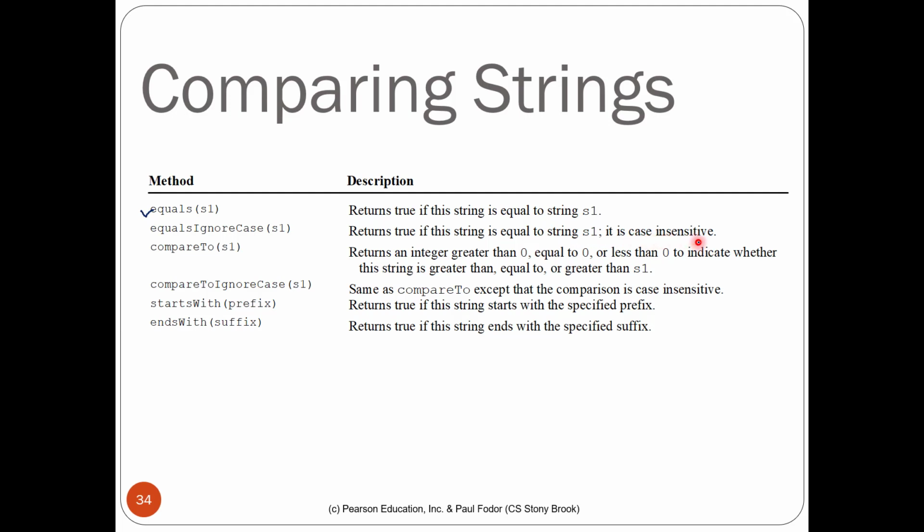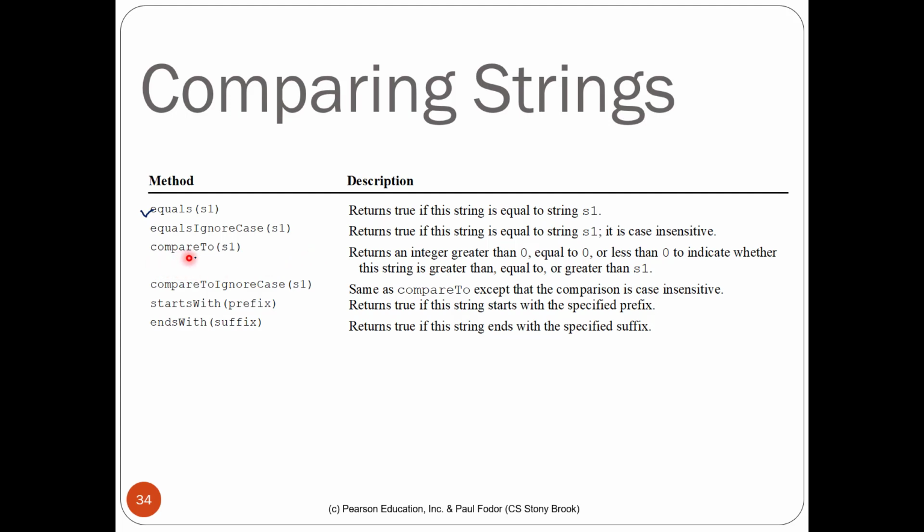This is case insensitive. compareTo is an interesting method which you will have to use if you want to compare two strings and see whether one string is coming before the other string or later. When you consider sorting, lexicographical sorting or alphabetical sorting, right?